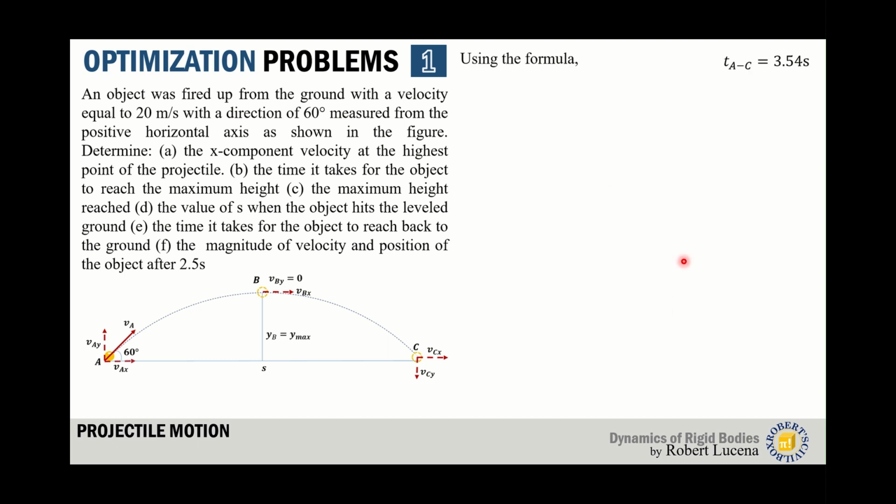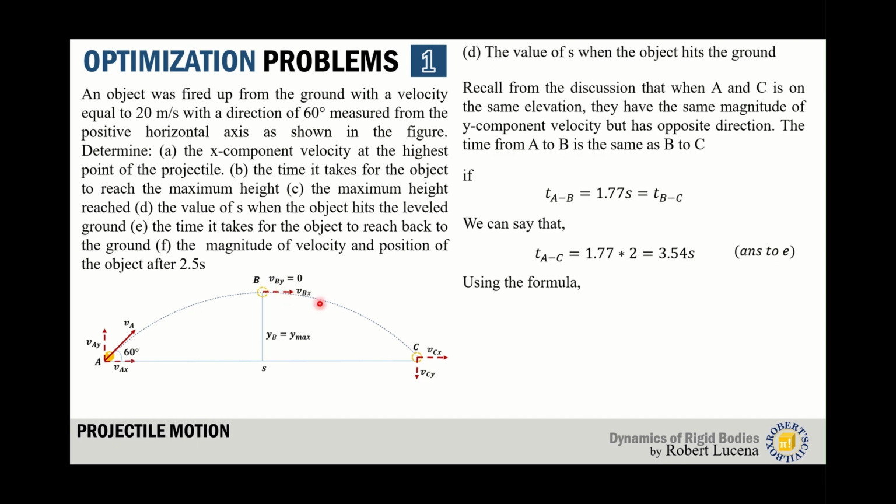Now lastly, we are asked for the magnitude of velocity and position of the object after 2.5 seconds. After 1.77 seconds, the object is here. But after 3.54 seconds, it's at point C. So somewhere in between B and C is the time of 2.5 seconds.